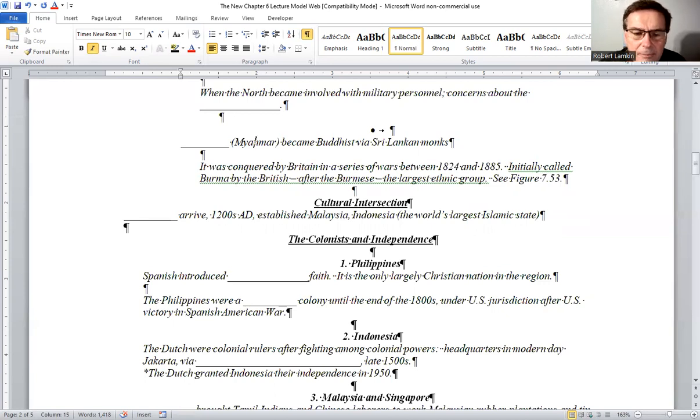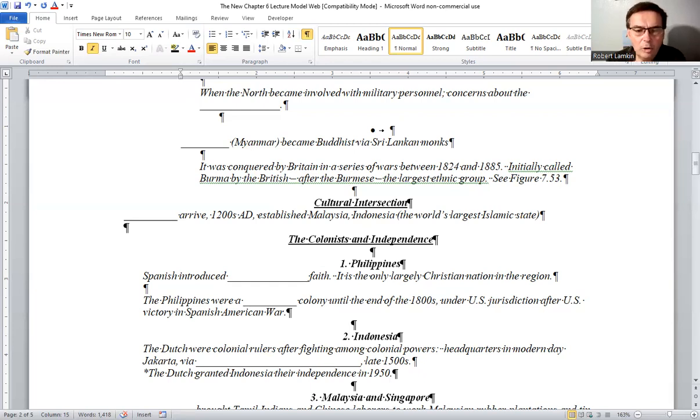Cultural intervention. So cultural intervention here as well. You have the Muslims arriving in the 1200s AD, establishing themselves in Malaysia and Indonesia.